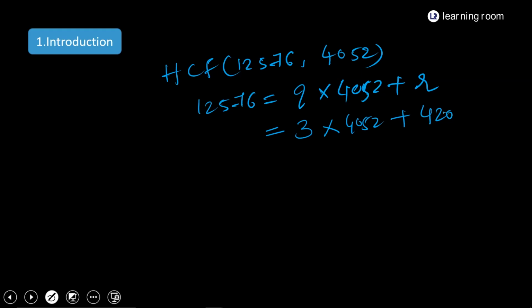So now what we are considering, 4052, which is bigger, we take on the left side, right? Which is bigger, we take on the left side, and then again we take a 3. What is the quotient?